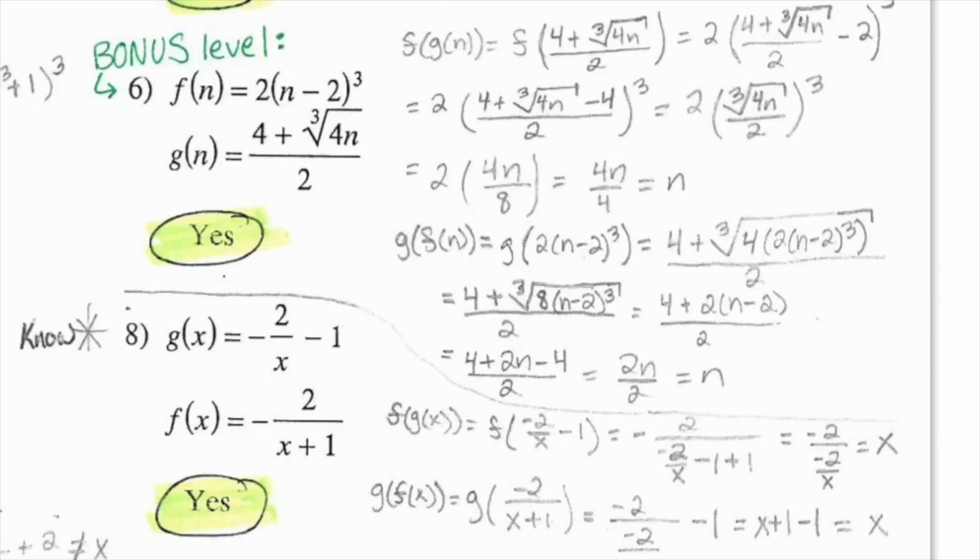So that's why you see this whole expression 4 plus cube root of 4 times n all over 2 is now substituted in here where n would normally be in my f function, okay? And then minus 2, and then all of that in parentheses cubed.